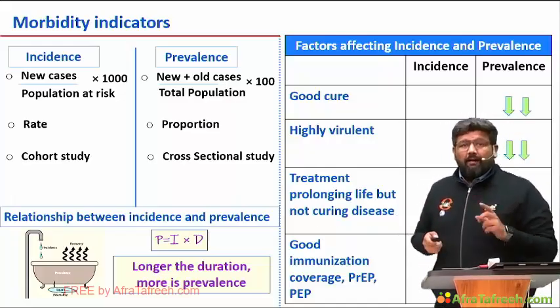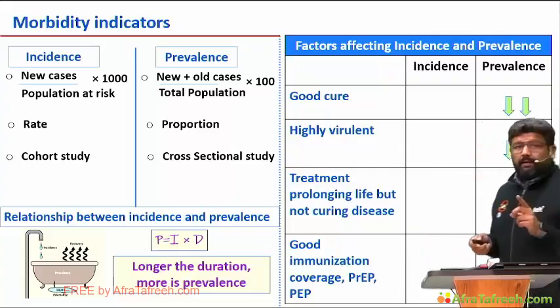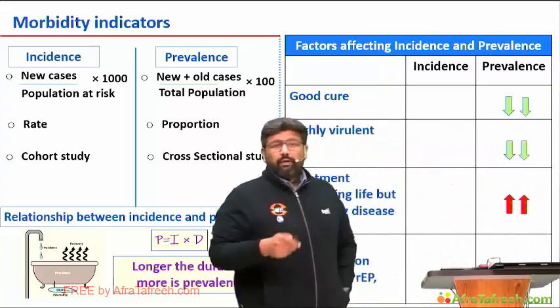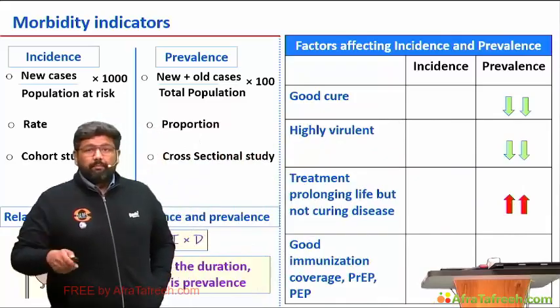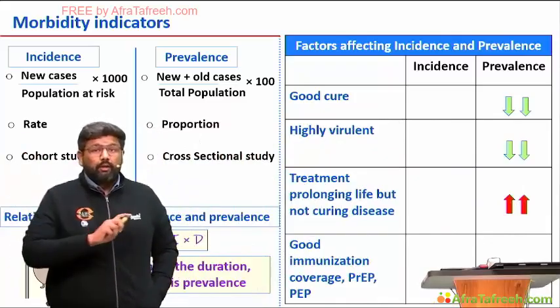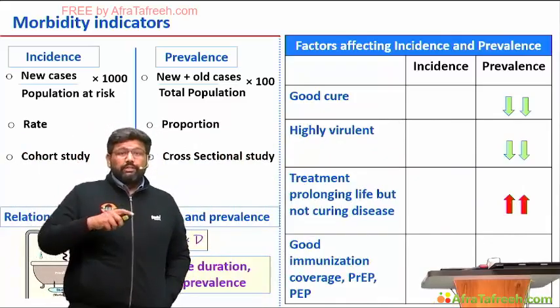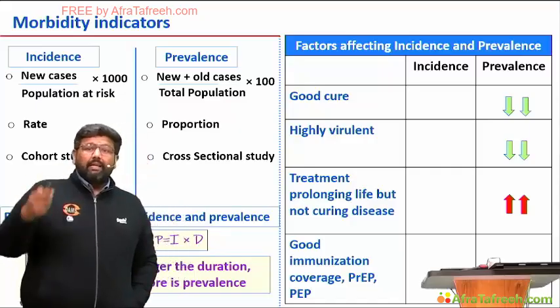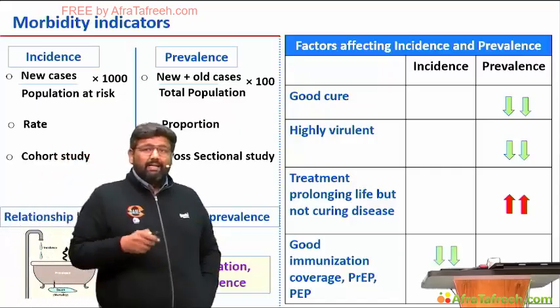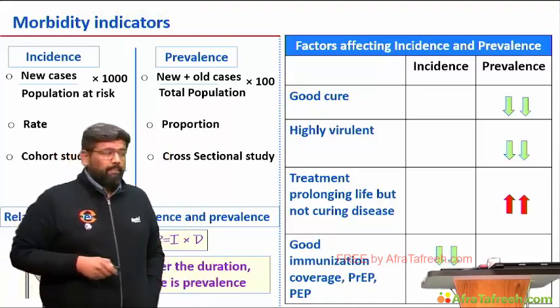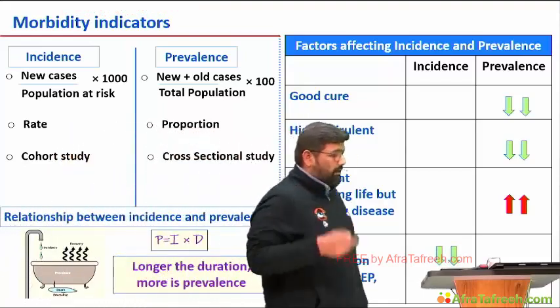If I have a treatment which is prolonging life but not curing the disease, the duration will increase. So prevalence will increase. And next is good immunization. Good immunization will decrease it.